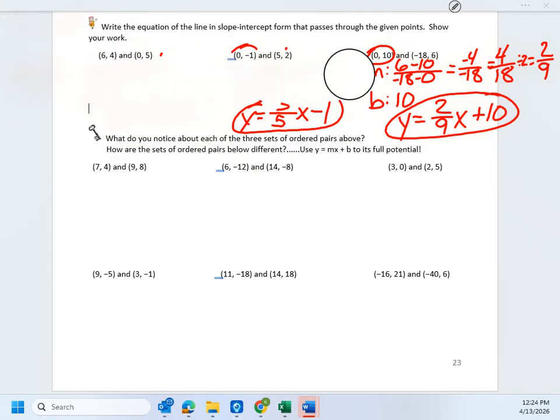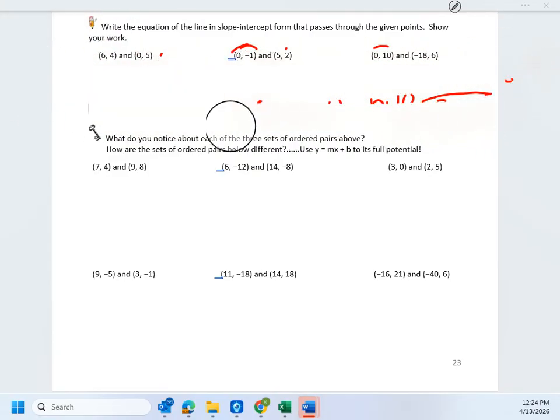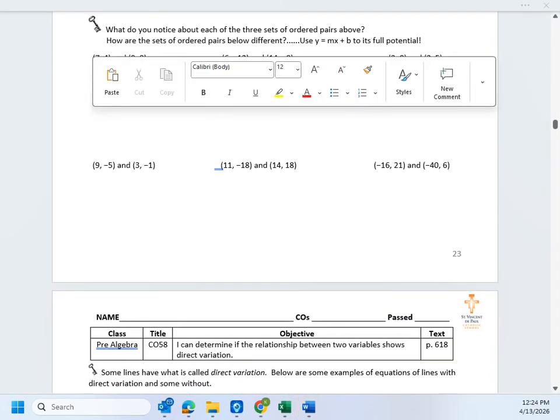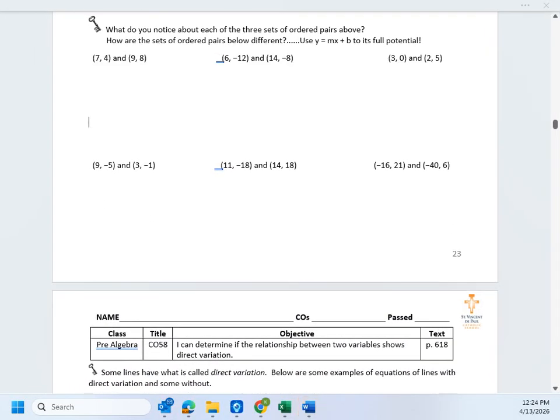Now we're going to look at what we do when we're not given the y-intercept. So let's look at this first one. We still are doing y equals mx plus b.